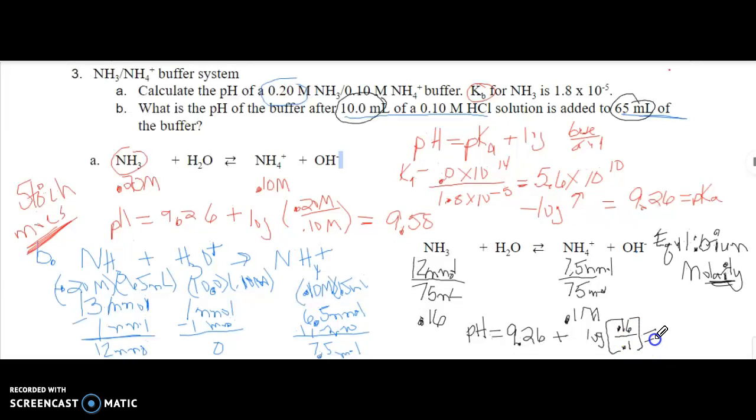And when I calculate all of that, I get 9.46. And again, that makes sense because our original pH for part A was 9.58. We added acid to it, so the pH should go down.